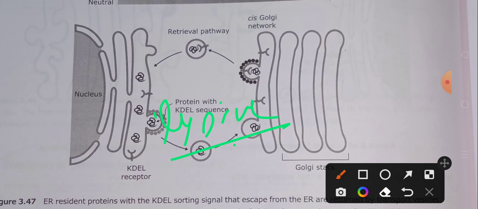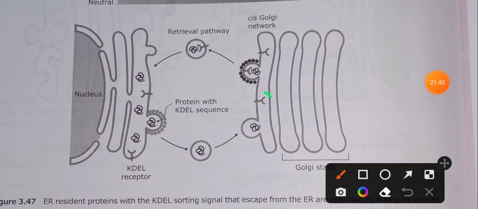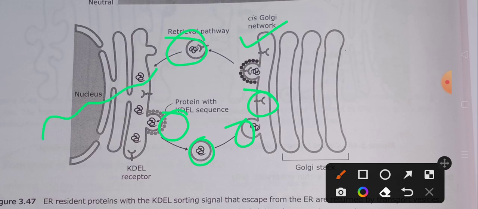Another important interesting thing is that the affinity of the KDEL receptor for the KDEL sequence is higher in the cis Golgi as well as in the vesicles, because the pH of the vesicles and cis Golgi is lower than the pH of the endoplasmic reticulum. It is thought that the KDEL receptor has higher affinity for the KDEL sequence at low pH.